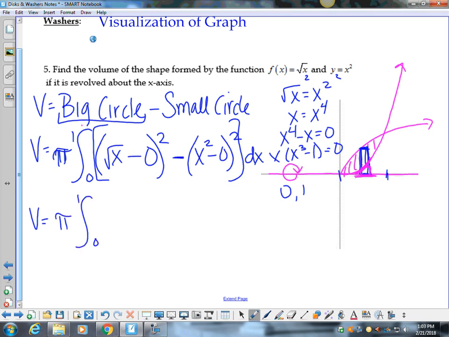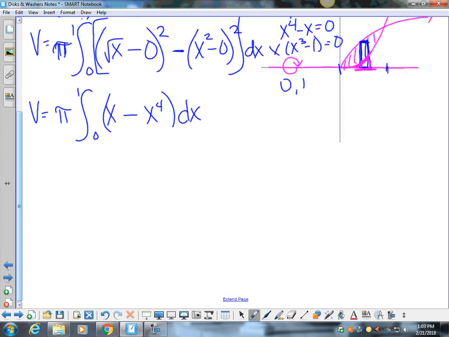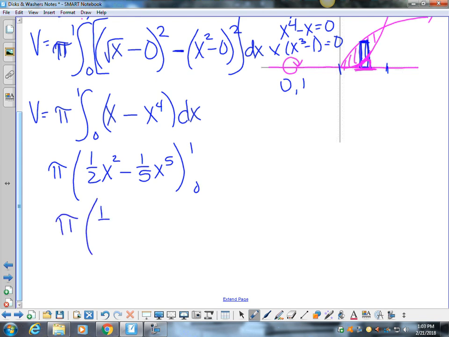From 0 to 1. Square root of x squared is just going to be an x, minus x squared squared is going to be x to the 4th. And then three tenths.